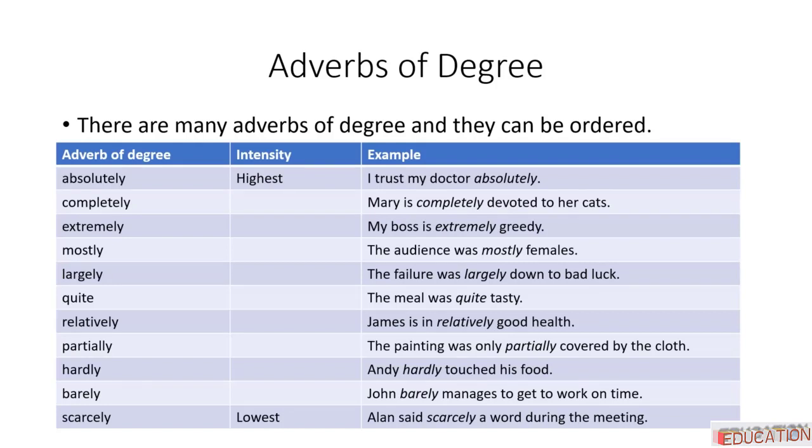So quite is less intense than largely, and largely to mostly to extremely, and so on. But it's very difficult to attach a number to this. And what we see here is that all these adverbs of degree are very subjective in the way that they're used. So it's worth just bearing in mind when we look at our examples.